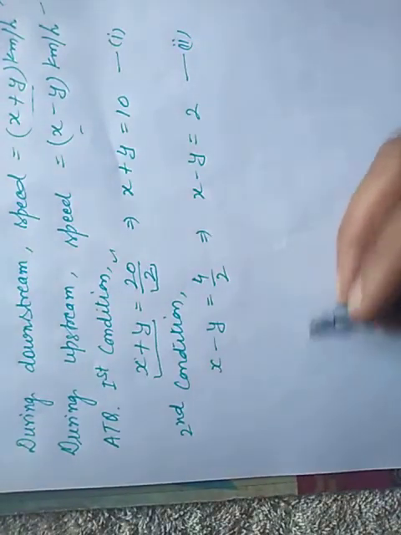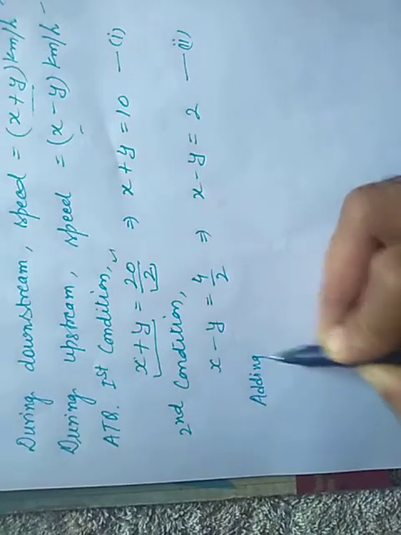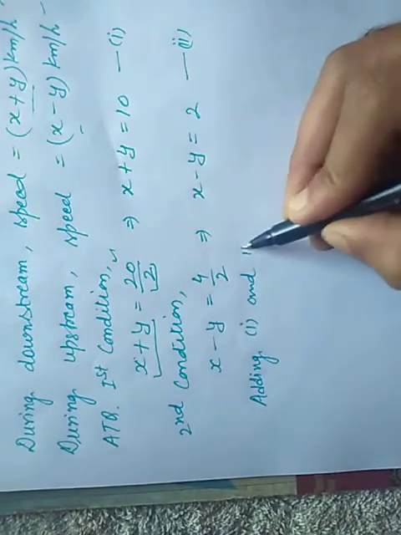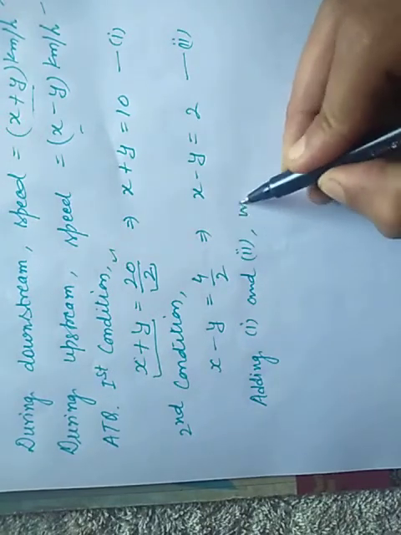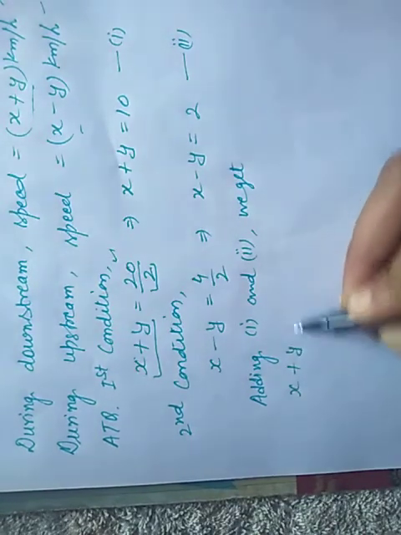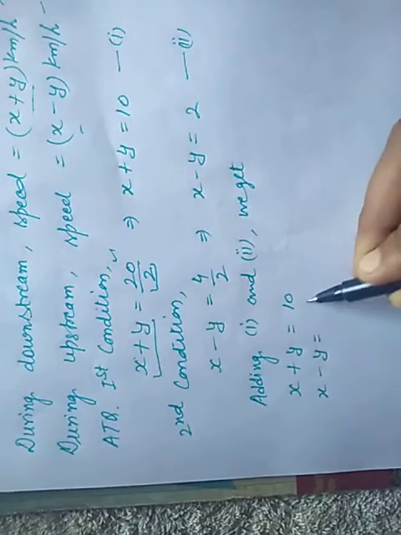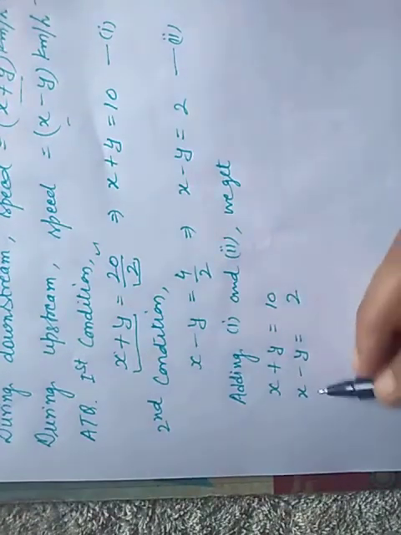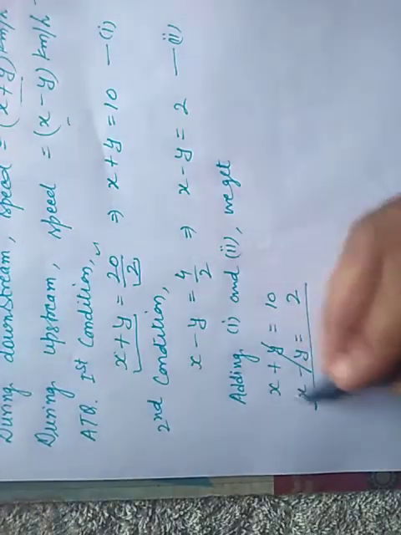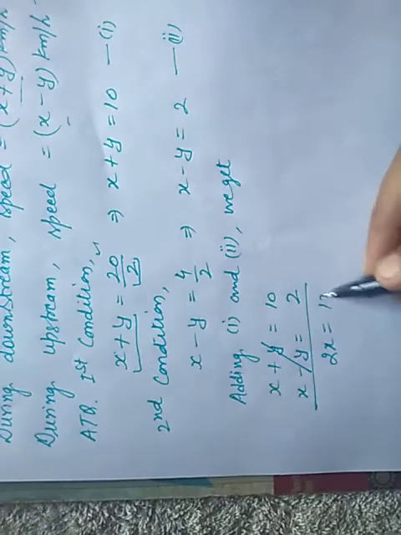So now here, adding equations 1 and 2, we get x plus y is equal to 10 and x minus y is equal to 2. We can add them very easily. Variable y will cancel and x plus x is 2x and 10 plus 2 is 12.